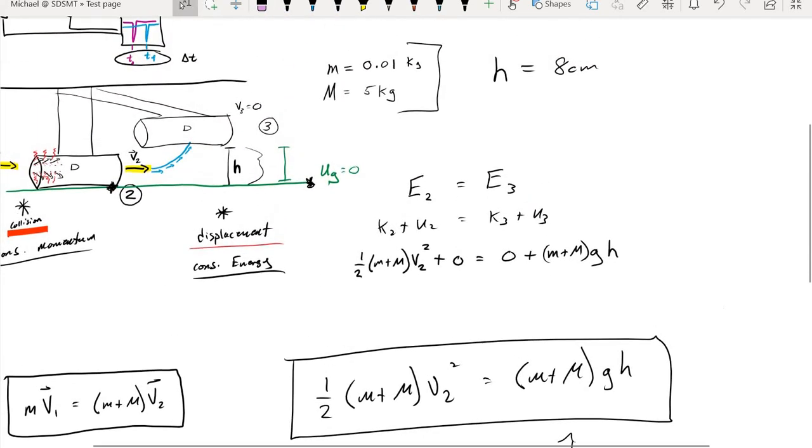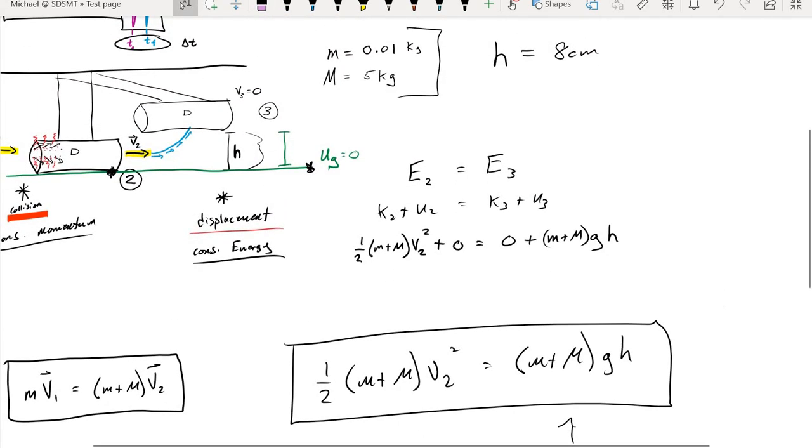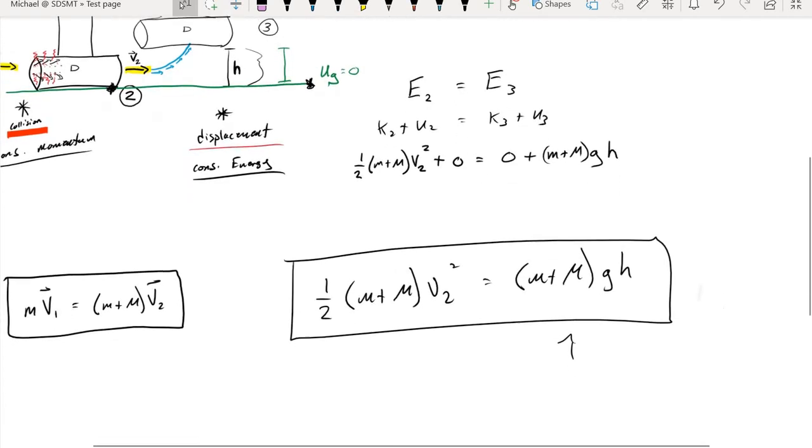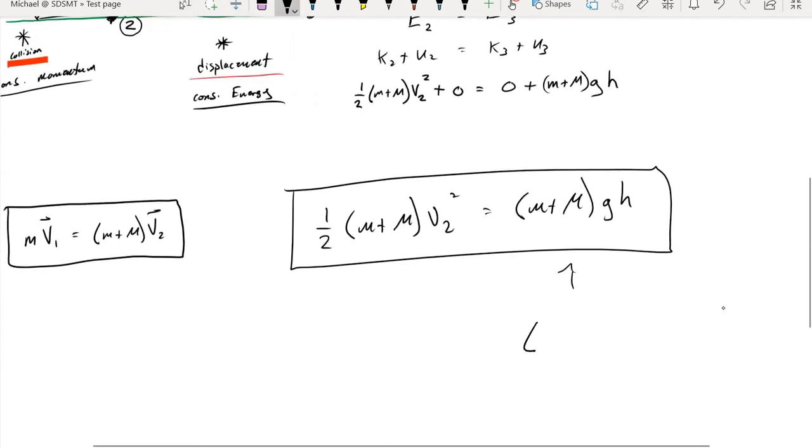We have a bullet that is 0.01 kilograms. We have a log that is 5 kilograms for a combined mass of 5.01. We have G, and we have 0.08 meters for the height. All of this is going to go into our calculator.